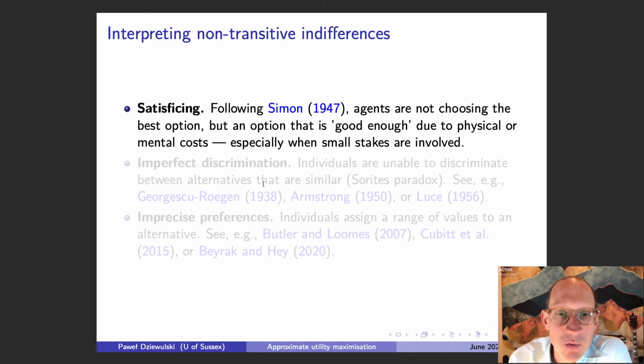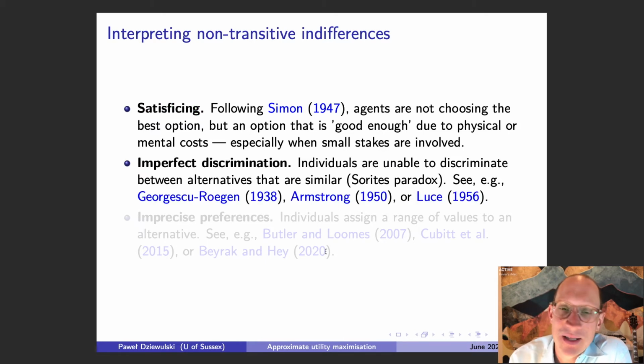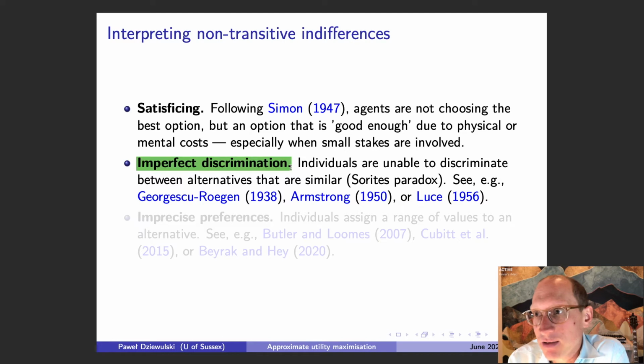So the first one was already mentioned, that's satisficing, which has a very direct link to approximate utility maximization, as I mentioned. The second one, which was the main inspiration for this work from the very beginning, is the issue of imperfect discrimination, in which individuals may not be able to discriminate between goods or objects perfectly.